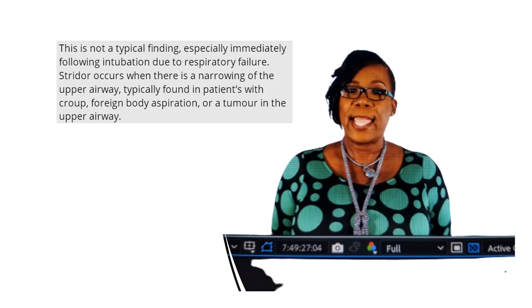This is not a typical finding, especially immediately following intubation due to respiratory failure. Stridor occurs when there is a narrowing of the upper airway, typically found in patients with croup, foreign body obstruction, or a tumor in the upper airway.